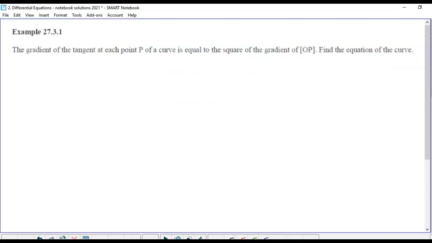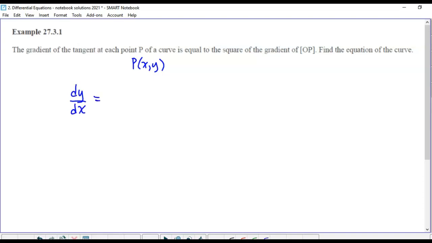So the gradient, gradient is another word for slope, and they use it a lot in IB. So the gradient of the tangent at each point P of a curve is equal to the square of the gradient of OP. O is the origin. Find the equation of the curve. All right, so general point P. The slope of the tangent at each point P of a curve, so the slope of the tangent is dy dx.